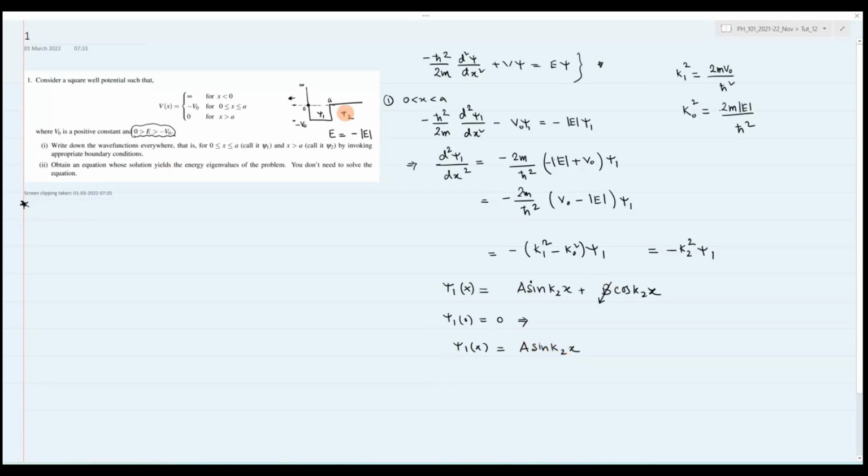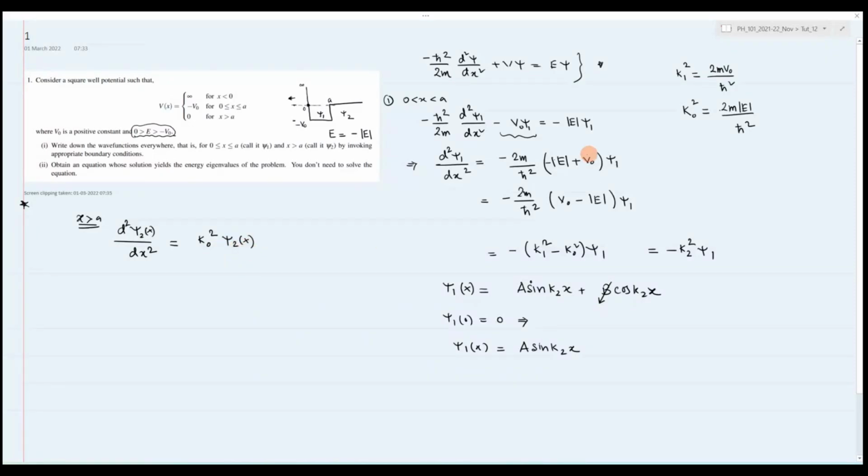Now if we go to the region x greater than a, here we will similarly get this equation, but in here v0 will not be there. So d2 psi 2 by dx square will come out to be equal to k0 square psi 2.